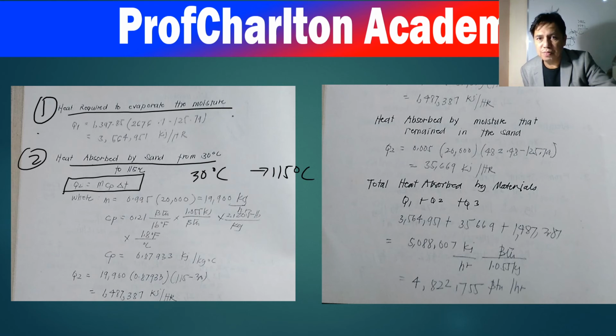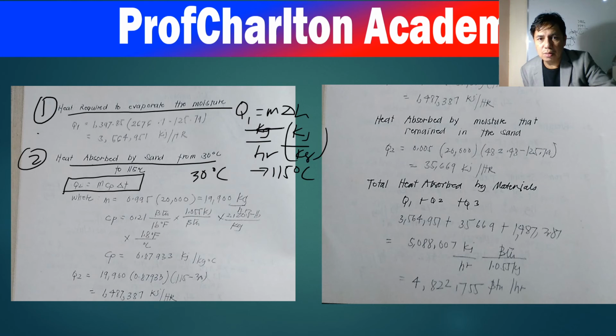Yeah. So the formula here is Q1 = m ΔH. Let us check the unit: kilogram per hour. And H is kilojoule per kilogram as the unit of energy.